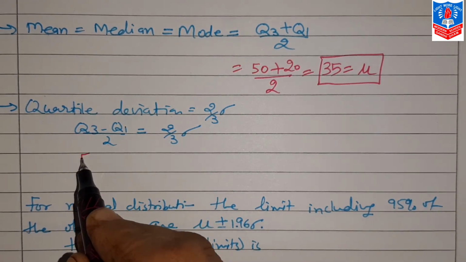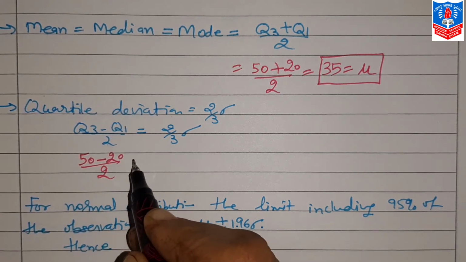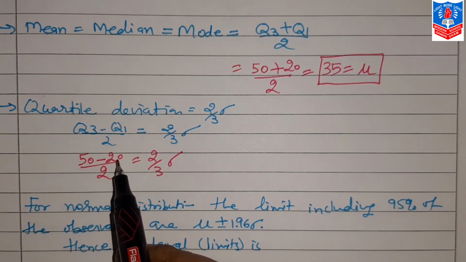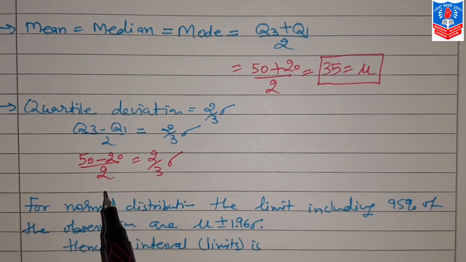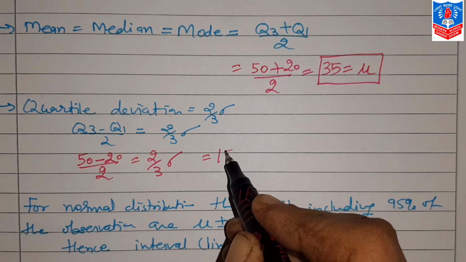So here this will be 50 minus 20 by 2 is equal to 2 by 3 sigma. Now this 50 minus 20 is 30, divided by 2, that will be 15.